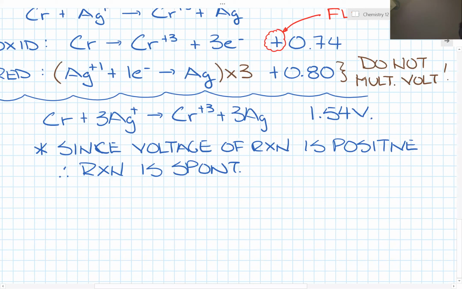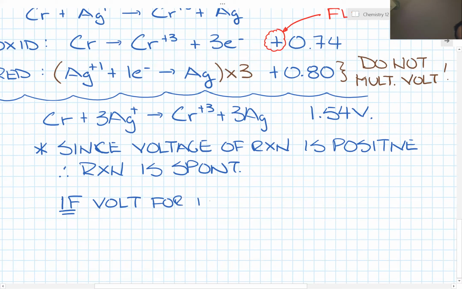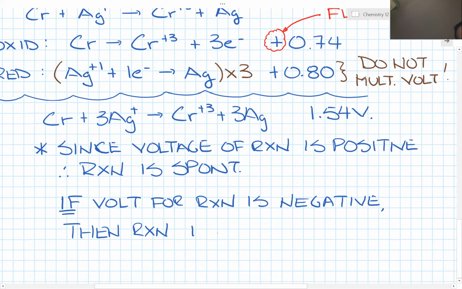Now, if, and I'll put a big if, the voltage for the reaction is negative, then the reaction is non-spontaneous.